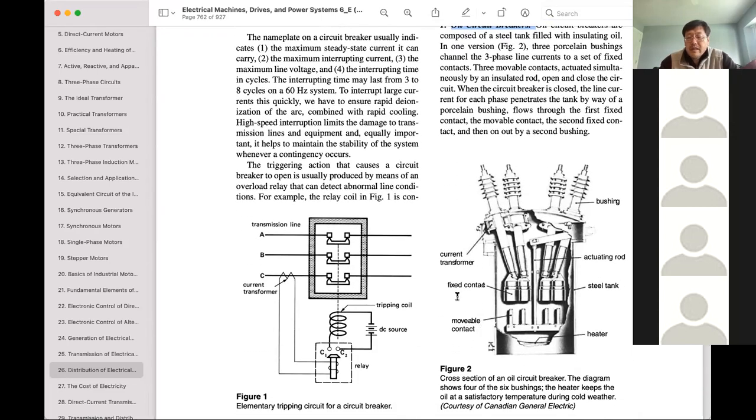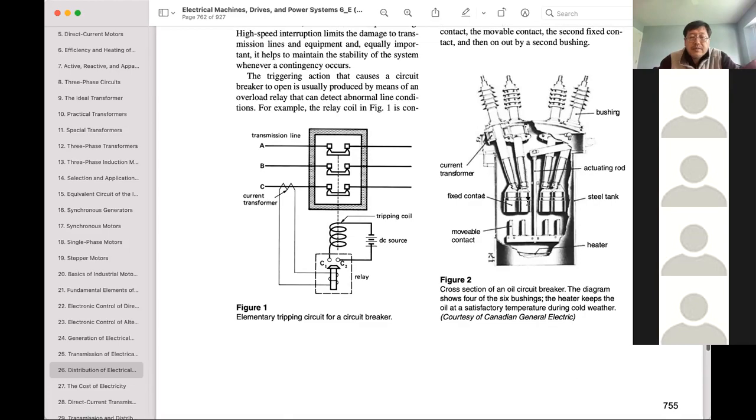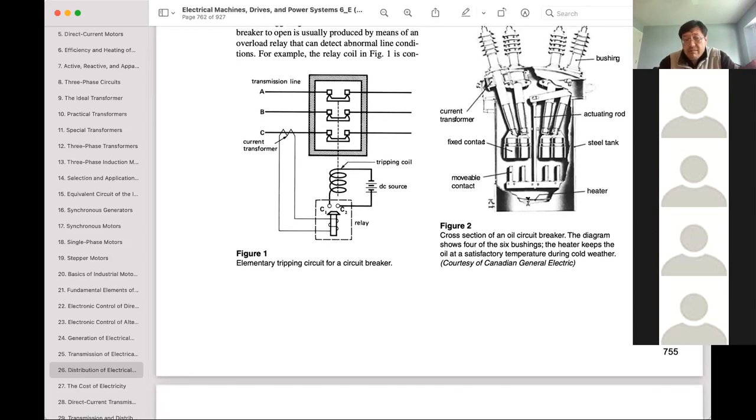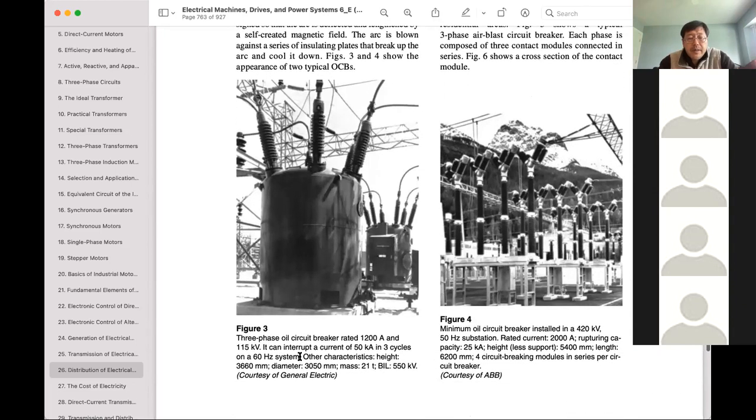The circuit breaker in your basement is about the size of a remote control or cell phone. It's the same principle, only bigger. How big?